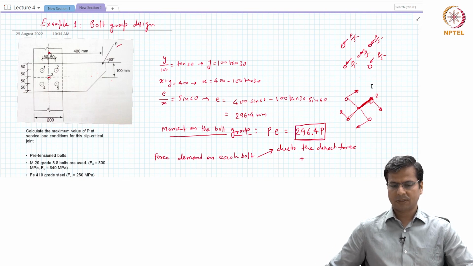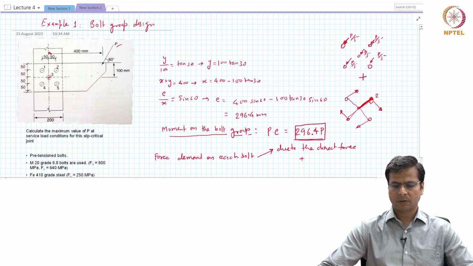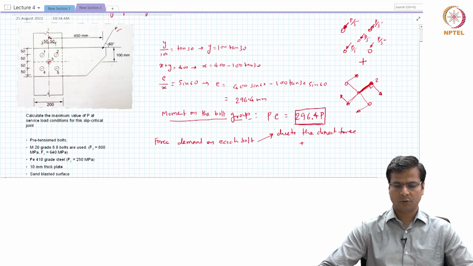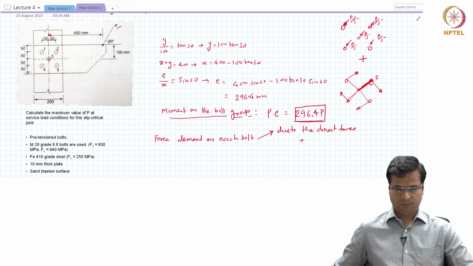So what we are talking about is the direct force because of the external force that is applied, plus the moment effect that we need to account for. And that's how we will calculate the total force demand in each bolt. First was due to the direct force and due to the moment.